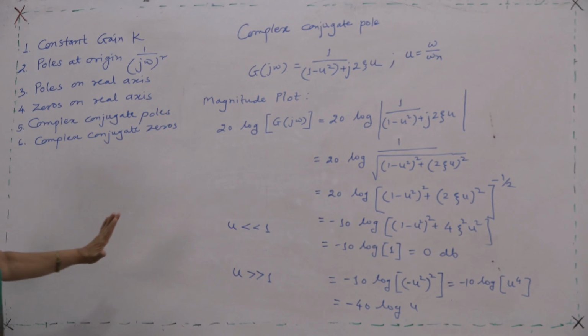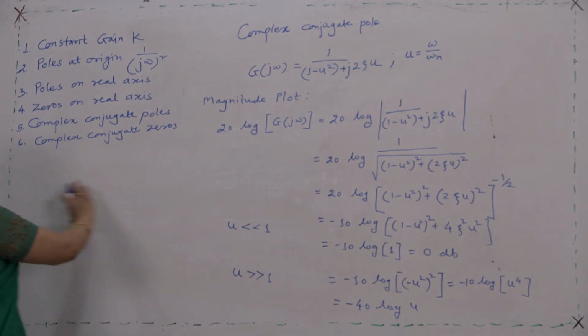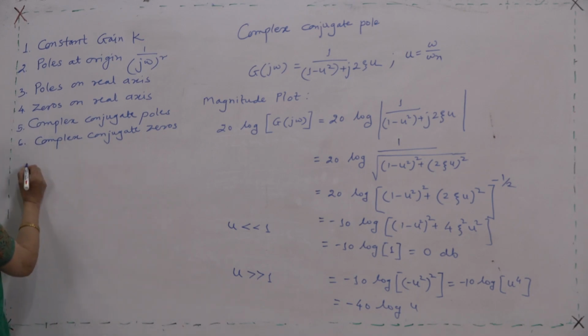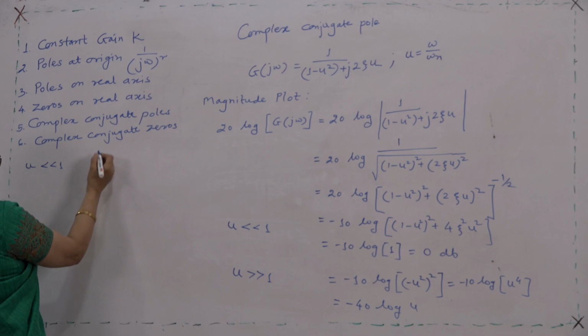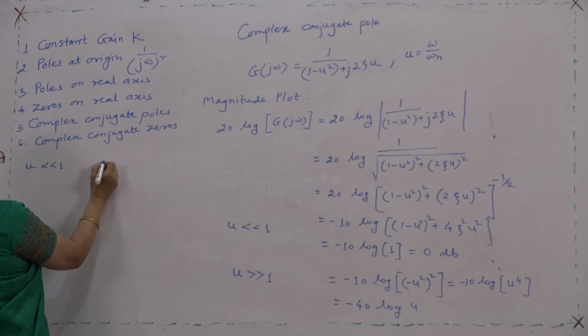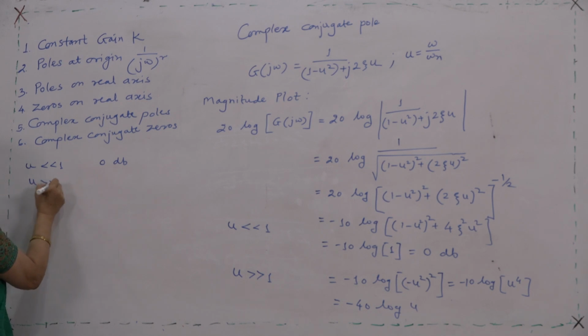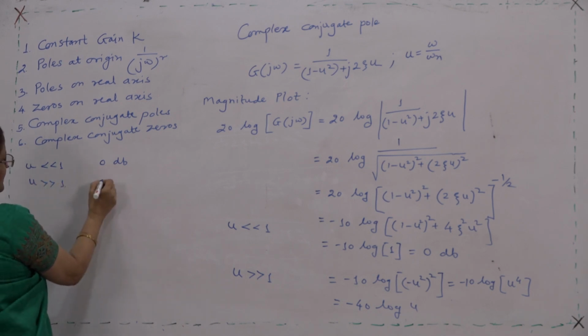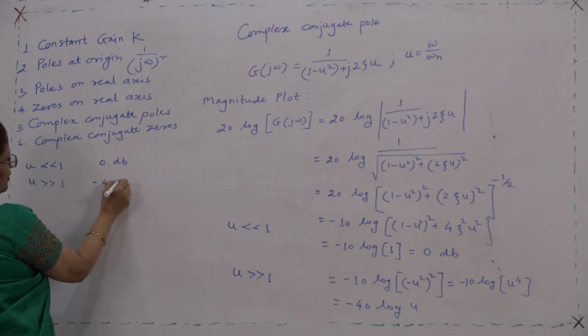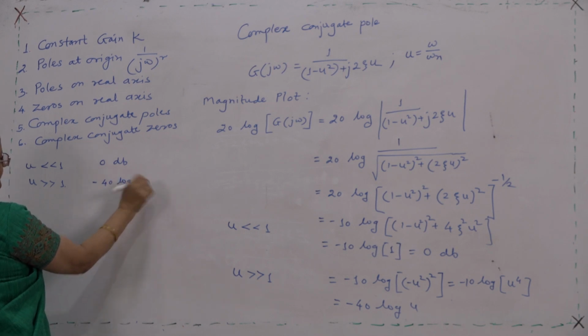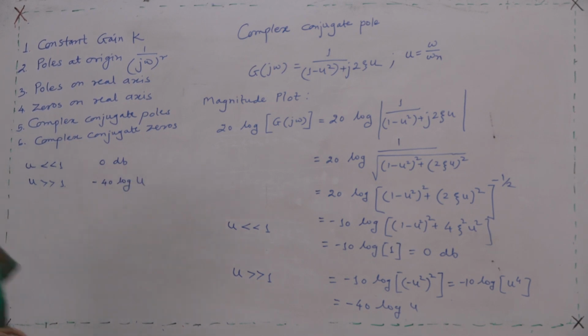So, I will just write here to one side and then I will rub it. So, when u is far less than 1, our magnitude plot is 0 dB, and when u is far greater than 1, the magnitude plot is minus 40 log of u. Okay. So, keep it aside.